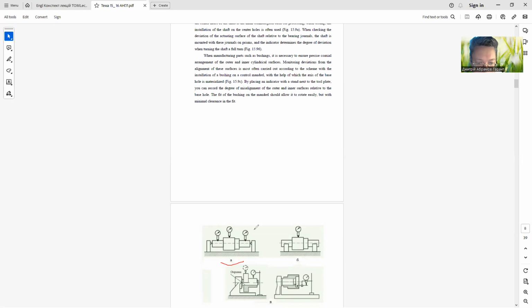So you can see the axle and its installation in the cones.